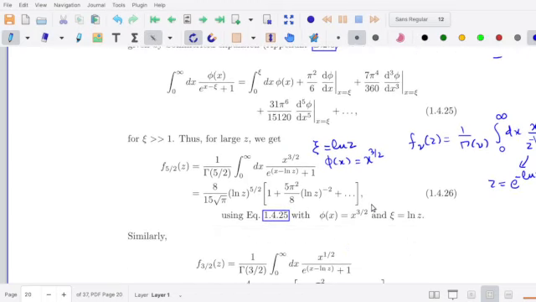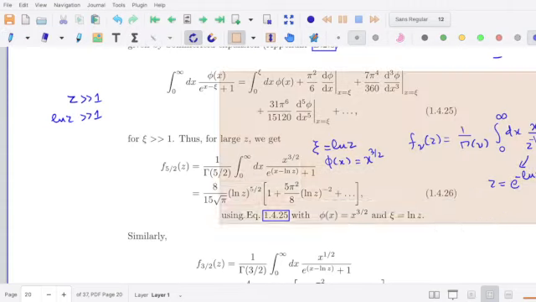And then we can use this expression, the Sommerfeld expansion, for obtaining an approximation for this integral. And remember, we are doing this when z is much larger than 1, and therefore log z is much larger than 1, and therefore we can use this expansion.